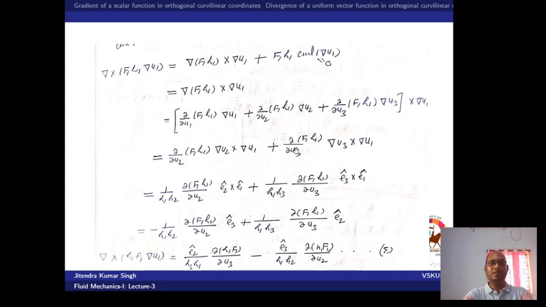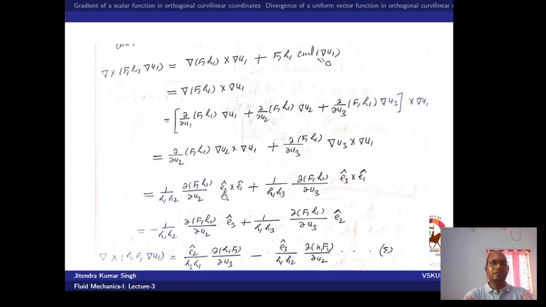In the same way, this one we can write. We have divided and multiplied by h1 h3, and h3 I have written with grad u3 and h1 with grad u1. So this is h3 grad u3 cross h1 grad u1, which is e3 cross e1. So I can write 1 by h1 h3 dou by dou u3 of f1 h1 unit vector e3 cross e1.